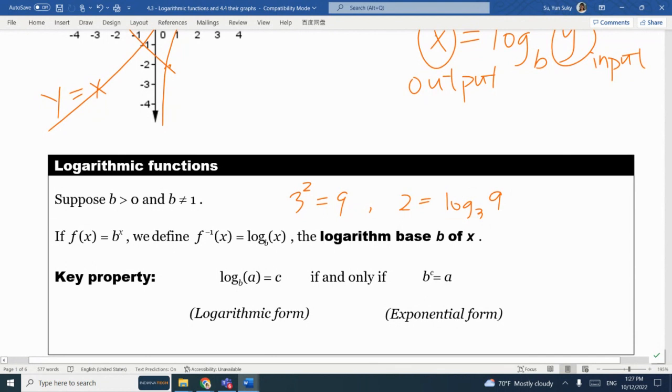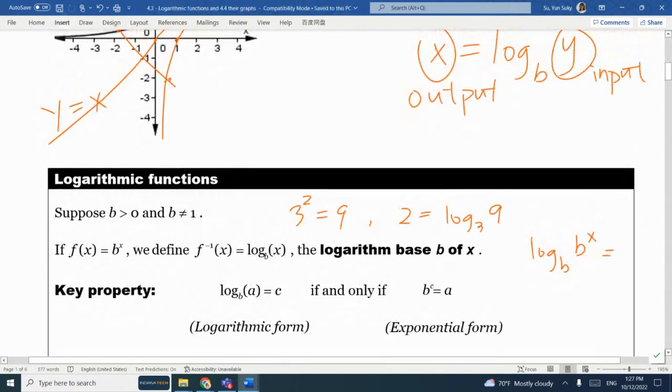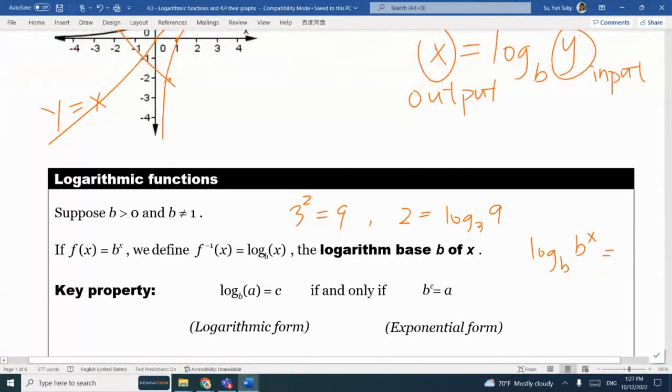And because they are inverse functions, you know that log b of b to the x equals x. That's the property of inverse functions. You apply f and then you apply f inverse, you just get the same thing. So log b of b to the x is just x.